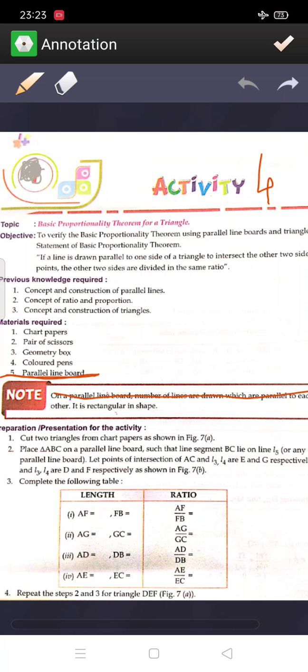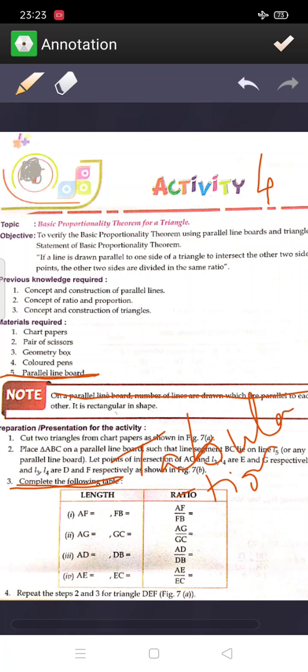But please remember one thing: whenever you write your presentation, do not use instruction words as if you are being instructed, such as cut, place, complete. Don't write this. You have to write, we cut, we place. In place of complete the table, you can put a heading, say, tabulation.